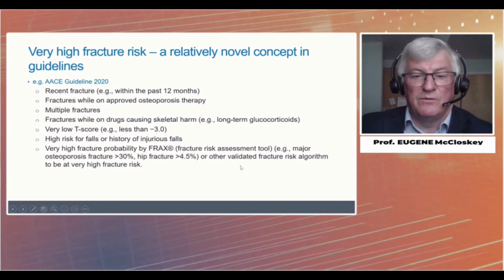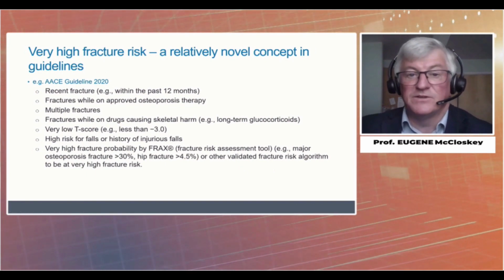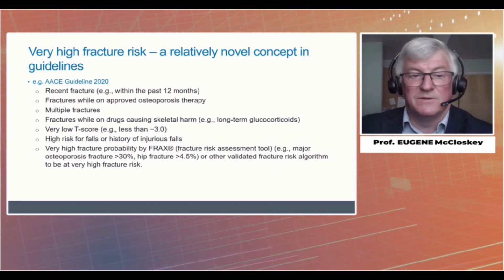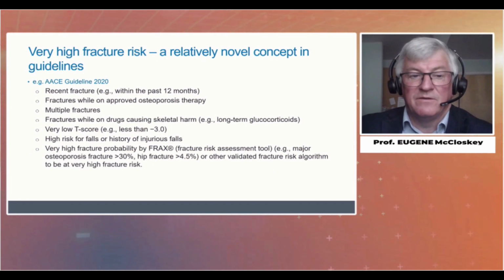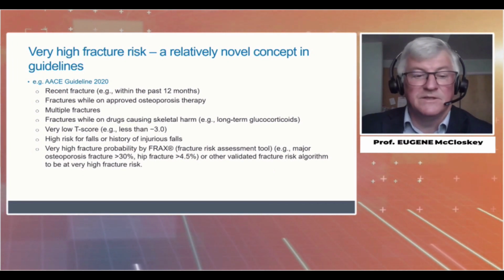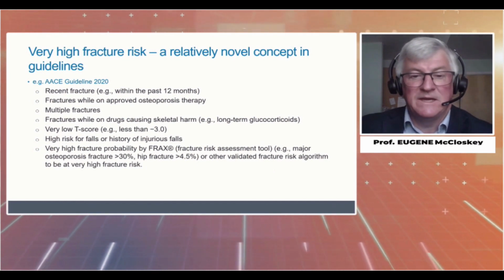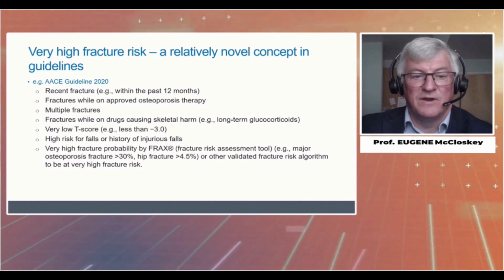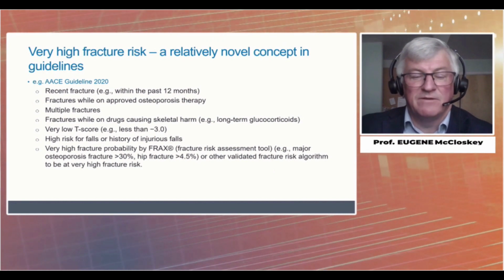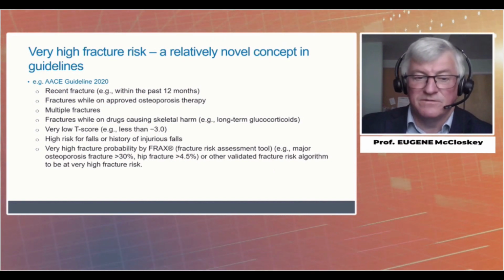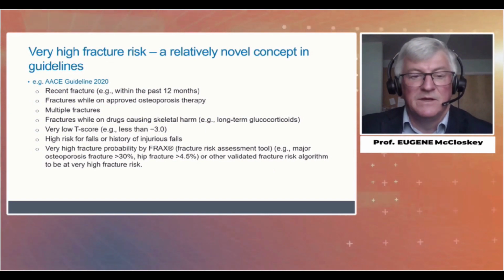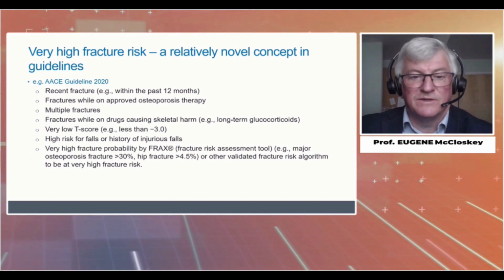Now, of course, there are a number of ways of deciding what very high fracture risk is, and in this paper from the AACE guidelines in 2020, the approach was taken to use largely categorical assessments of very high fracture risk. So they recognize factors such as a recent fracture, because we know the impact of that on future fracture risk.